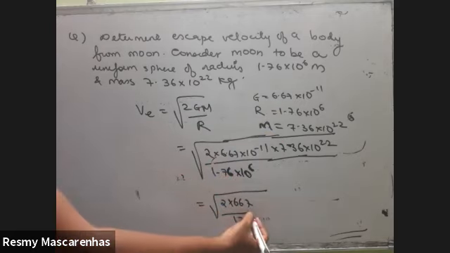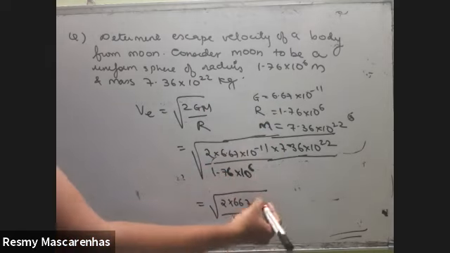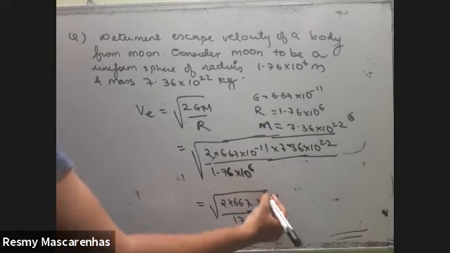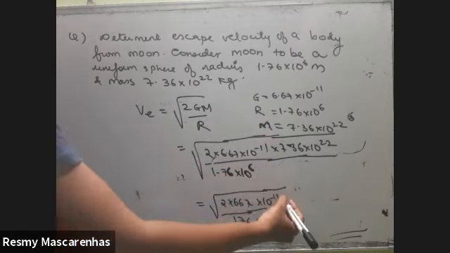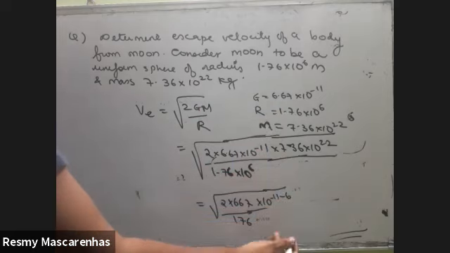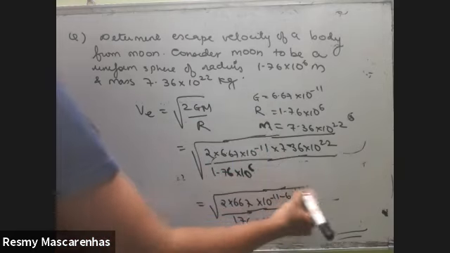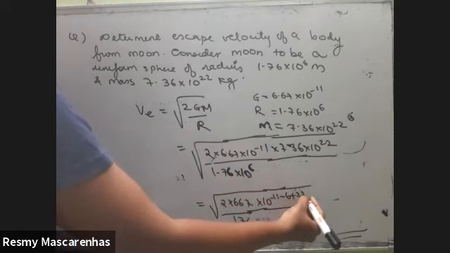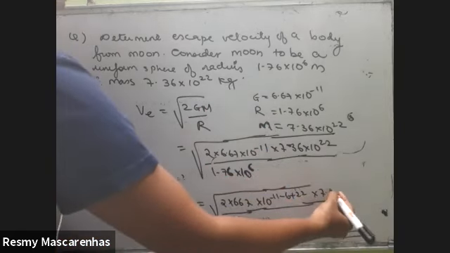176 this will become, and this will be total 10 raised to minus 11. This will go up, become minus 6. This will become plus 22. The last one is 7 point.